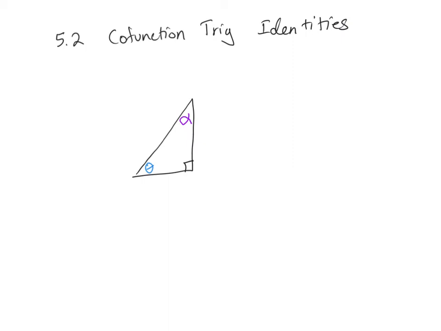So all co-functions deal with the fact that this, let's call this alpha, could be represented as pi over 2 or 90 degrees minus theta. And likewise, theta can be represented as pi over 2 or 90 degrees minus alpha.